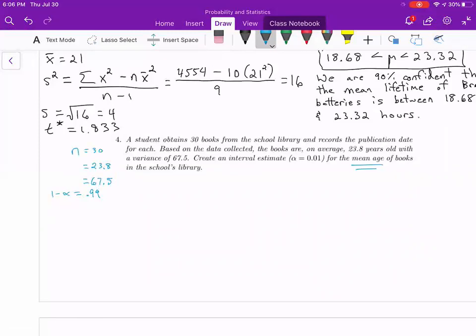Can someone give me another one of the missing labels? And Miku, yes, x bar. So since the average provided came from the data collected, which is your sample, that 23.8 is the sample mean, which is x bar.